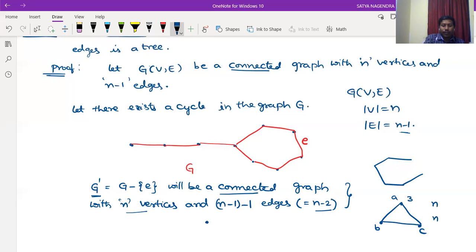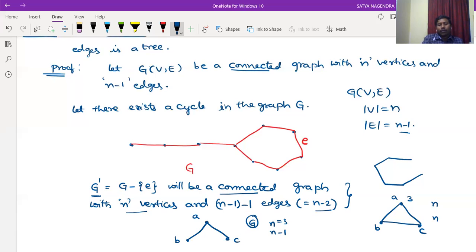Now our case is a graph G with n vertices initially. You observe that G has n vertices and n minus 1 edges. Here n is 3. Is it possible to draw a graph with 2 edges which is connected? Yes, it is possible, so this is a connected graph only.